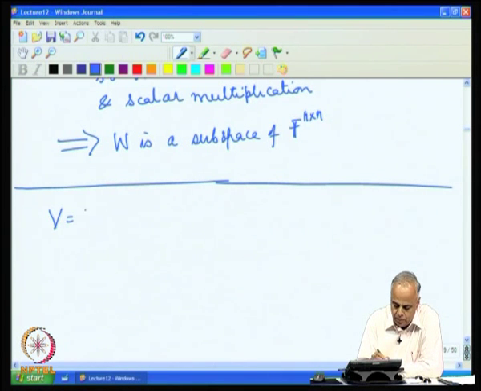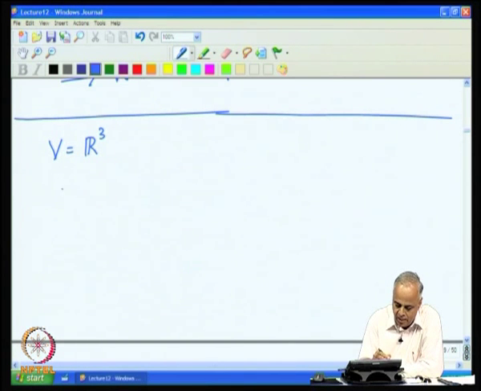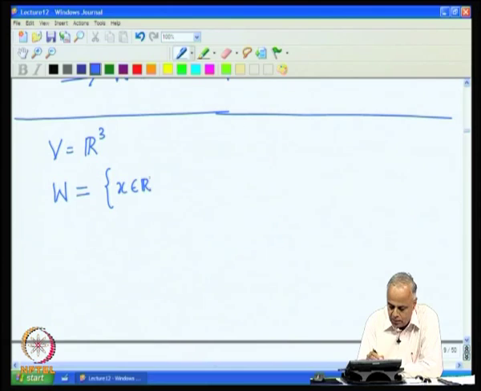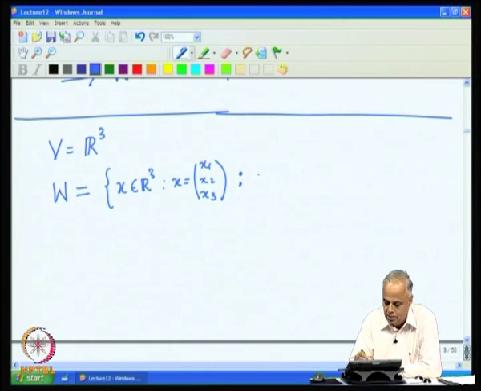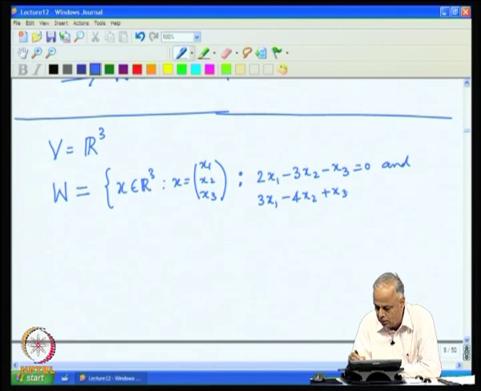Take V to be R3. Our usual space, again the standard space R3 with which we always start all examples, and then now let us look at W to be the collection of all those vectors in R3, that means x is x1, x2, x3, such that say 2x1 minus 3x2 minus x3 is 0 and 3x1 minus 4x2 plus x3 is 0.